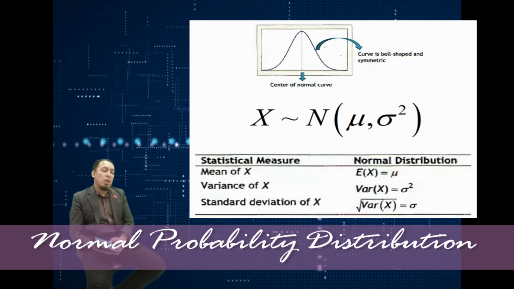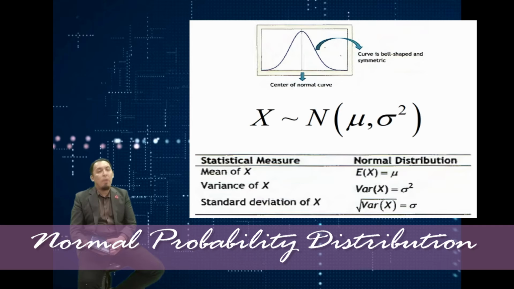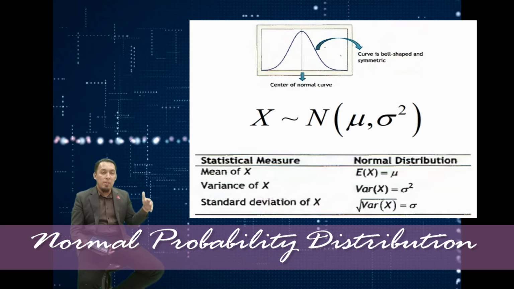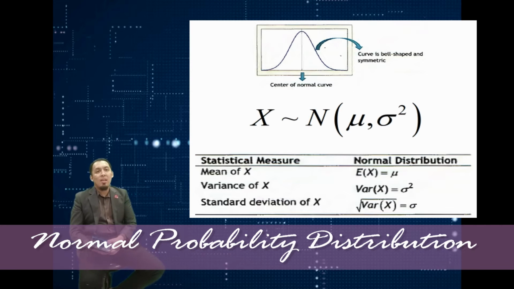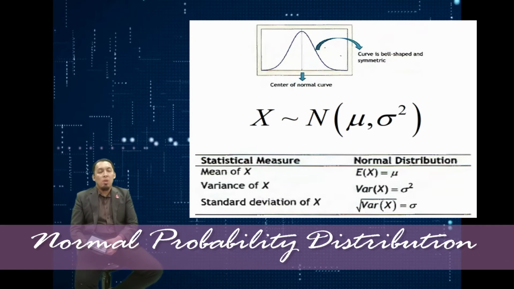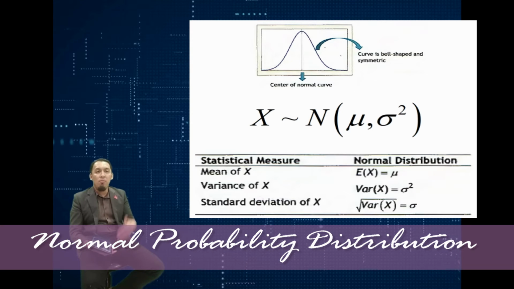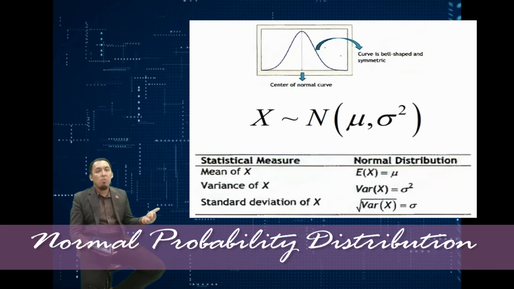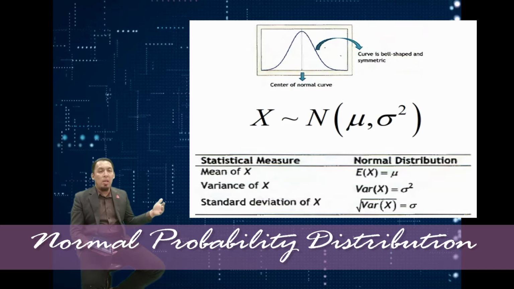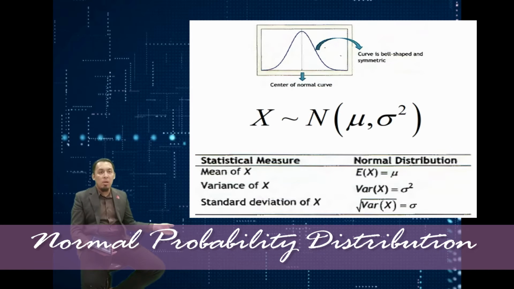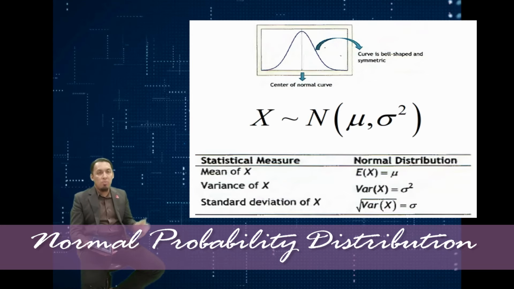Now let's talk about the shape of the normal distribution a bit. By right, we know that the shape is a curve, a bell shape. However, we need to be clear that the shape is actually highly influenced by the values of the mean and sigma, mu and sigma. A change in these values will change the distribution.